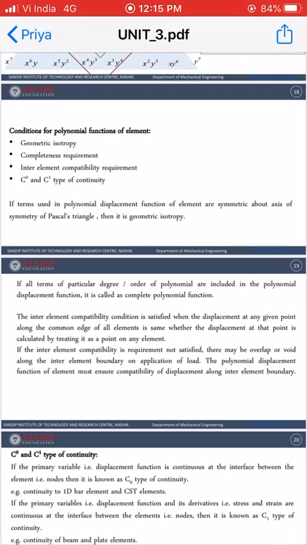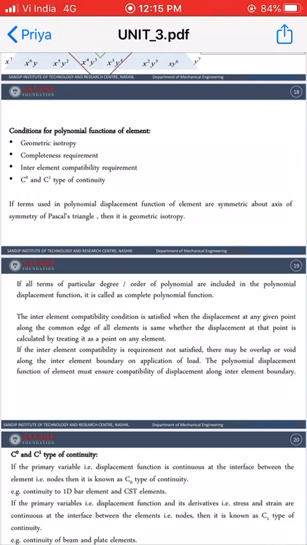The first three terms are a1 plus a2x plus a3y. These two terms, a2x and a3y, provide for uniform strain in the x as well as in the y direction.